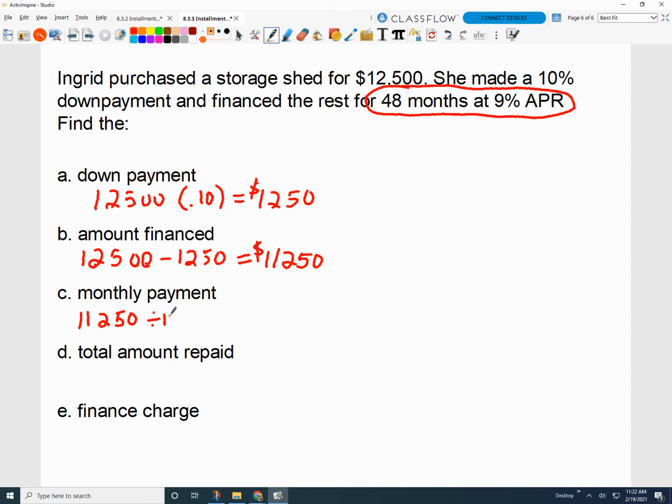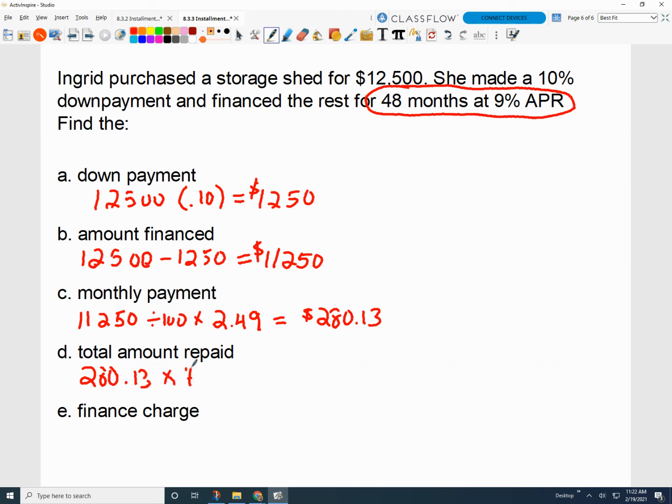Divide that by 100 times your table value. 48 months at 9% would be $249. Her monthly payment is $280.13. So for 48 months, she wrote a check for $280.13.